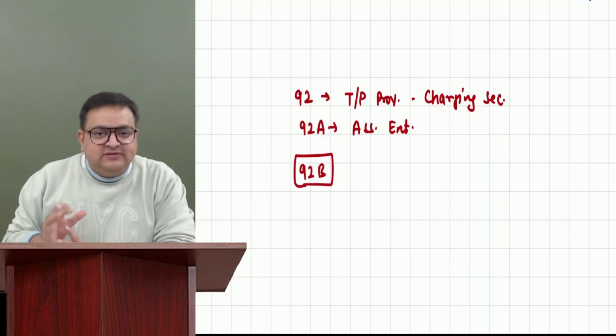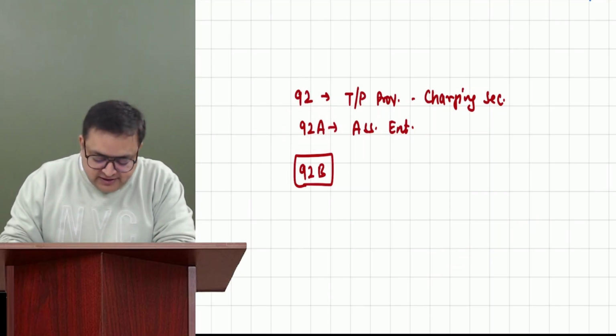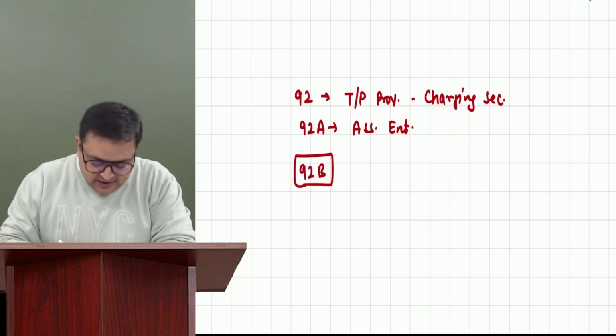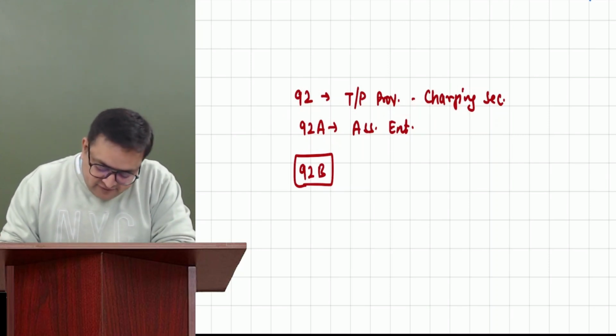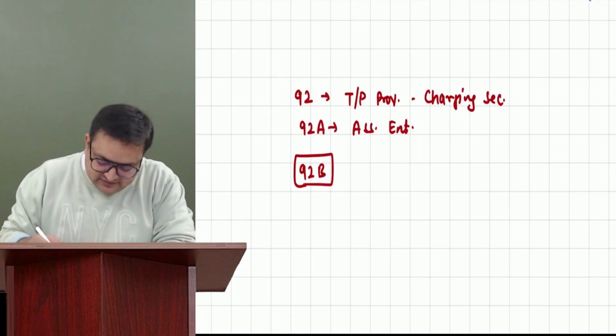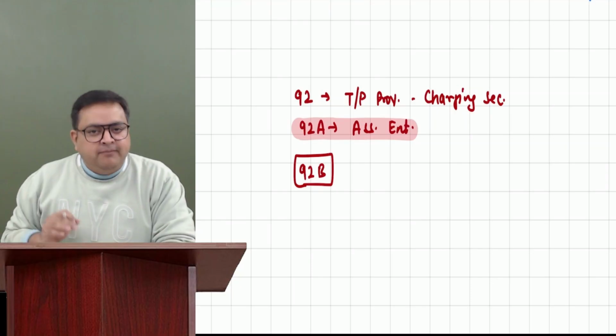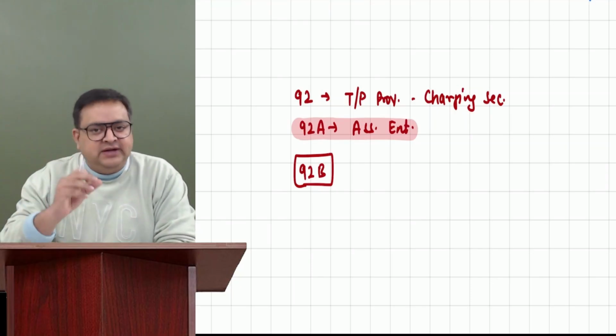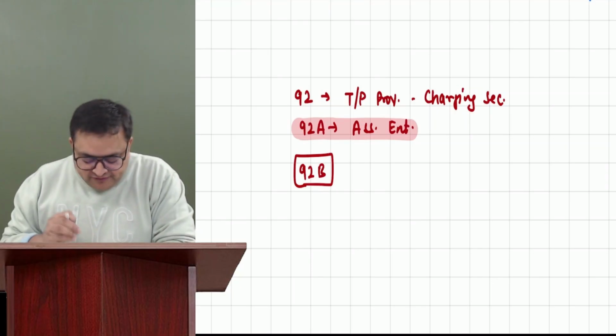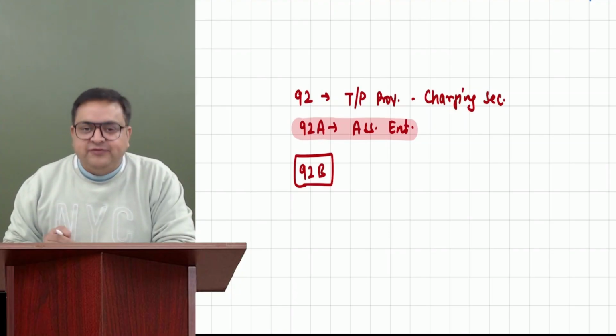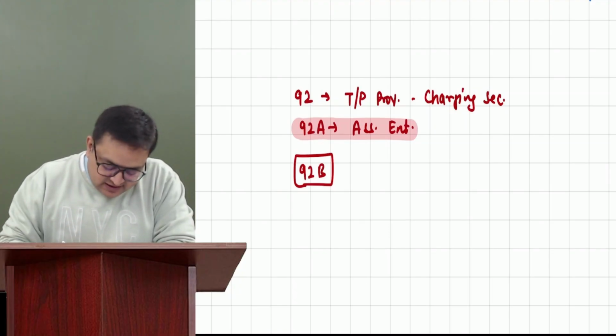So these sections, I was telling you that you should remember that 92 is a charging section. It's a simple section, but this 92A, among these, I would say is the most important from the examination perspective. If you pick up the last 10 attempts' papers, you will find that 40 to 50% of questions come from this.